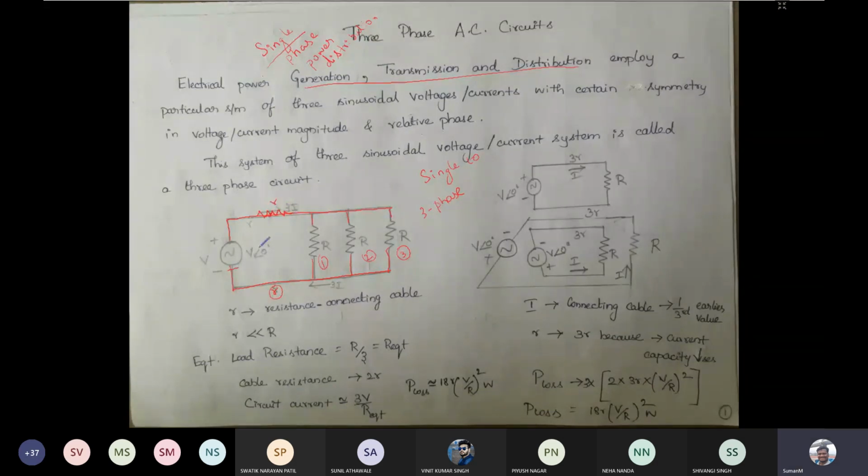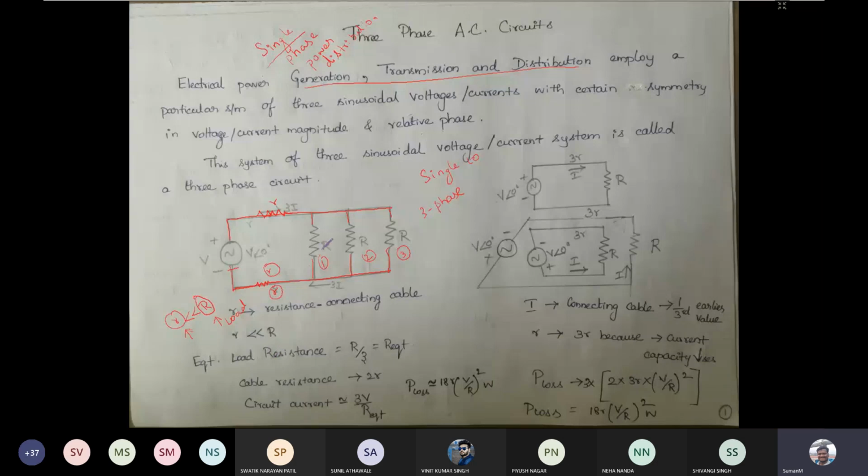We make one assumption that the cable resistance r is very much lesser than the load resistance R, which is the resistance of each load.